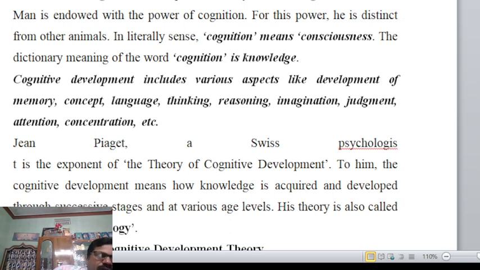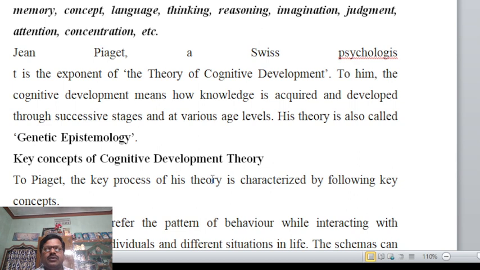So let us discuss Jean Piaget. Who was Jean Piaget and what is his contribution to psychology particularly? Jean Piaget, a Swiss psychologist, was the exponent of the theory of cognitive development, and this is the best contribution of Jean Piaget to the history of educational psychology.